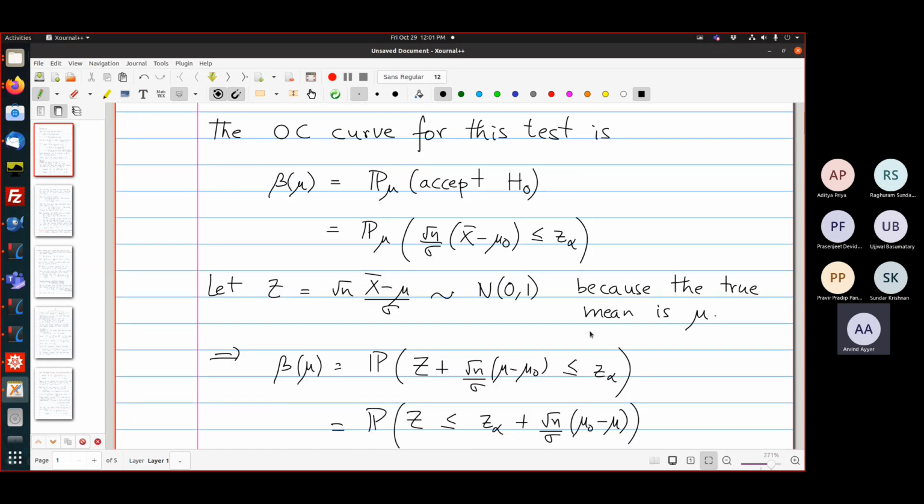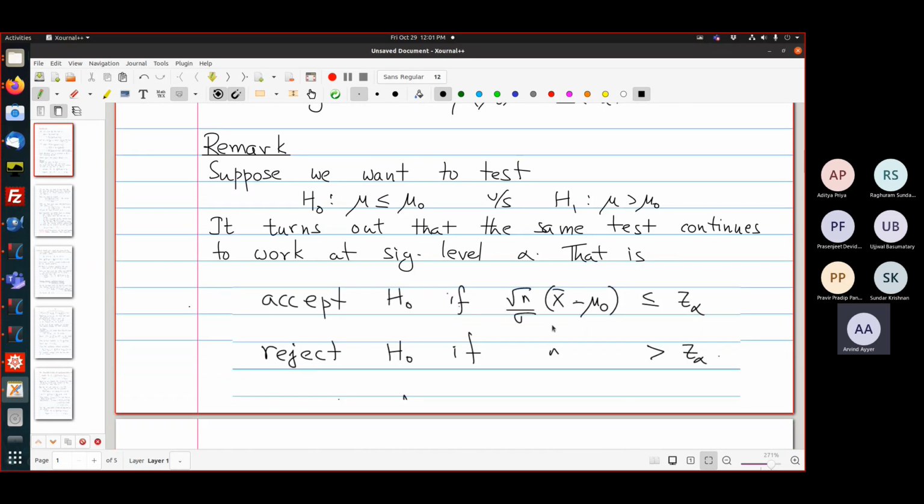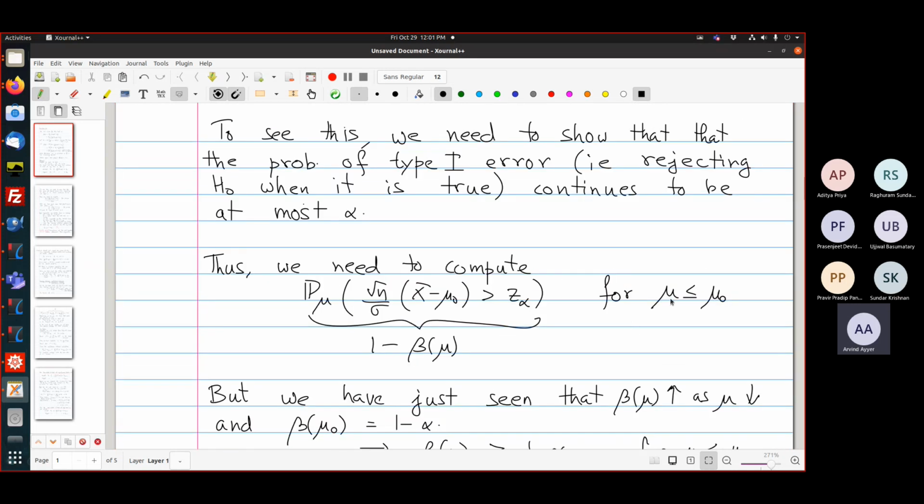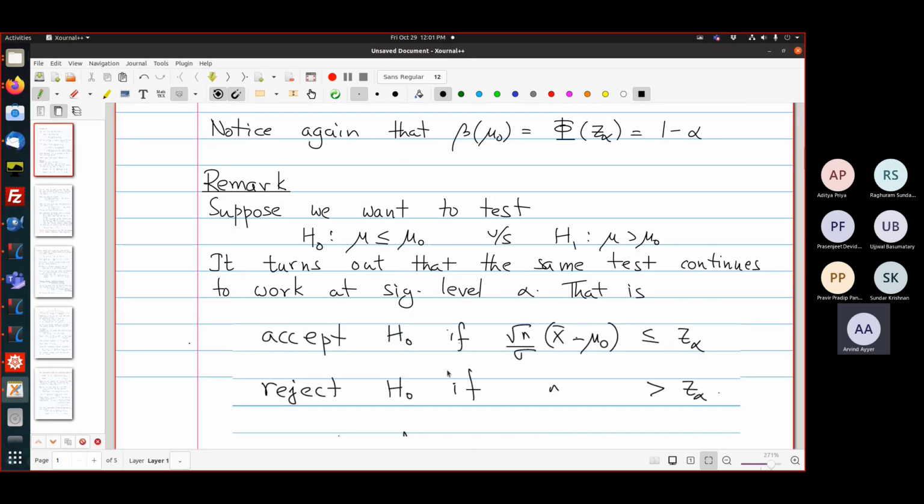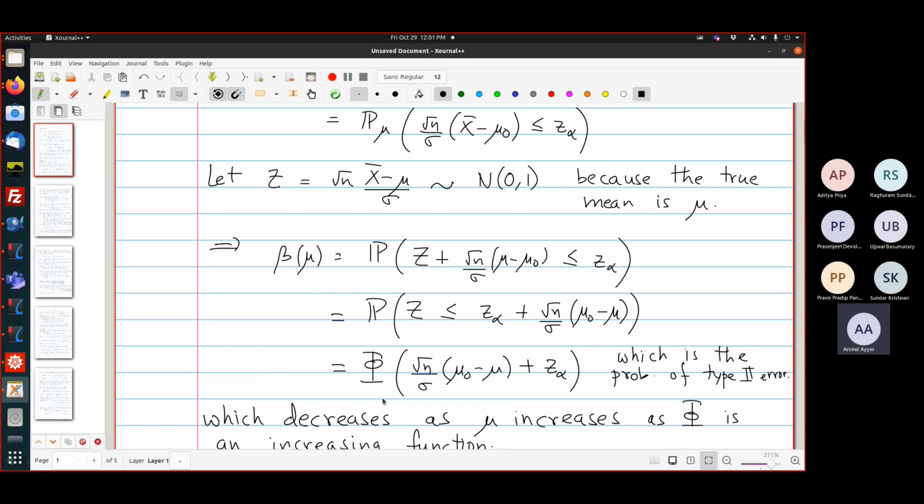So in this argument, we assume that mu is less than or equal to mu naught later on, but this beta mu is precisely the probability of type 2 error. So here you take mu to be greater than mu naught. Okay, sir. So it's type 2 error. We don't have to check in any case.